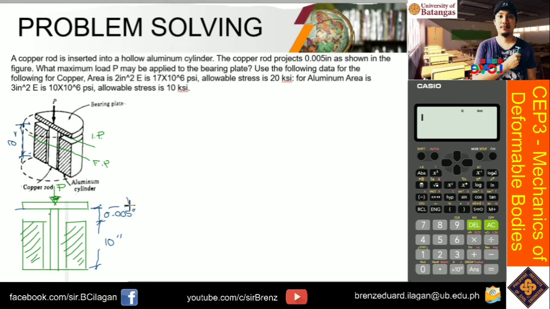Okay, so gaya nga nasabi ko kanina, from here, ito yung magiging initial position mo. So denote natin ng IP. And after applying this load, ang mangyayari, magkakaroon siya ng deformation hanggang dito. So this will be the final position. Okay?